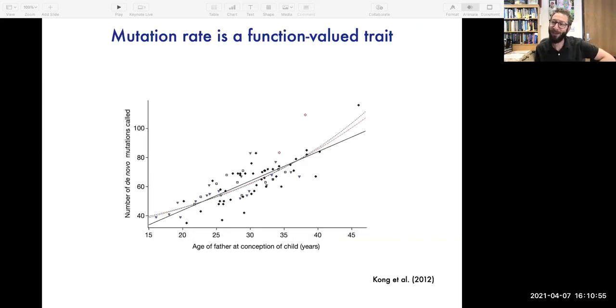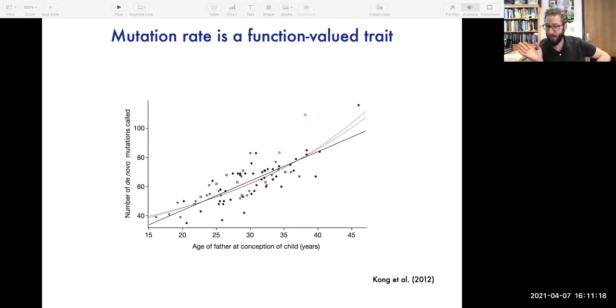And so we know, in fact, that mutation rate is also a function valued trait and is a function of age. So this is a graph from a bunch of Icelandic trios, where each point is an offspring and the number of mutations that offspring inherited. And along the x-axis is the age of the father at conception.